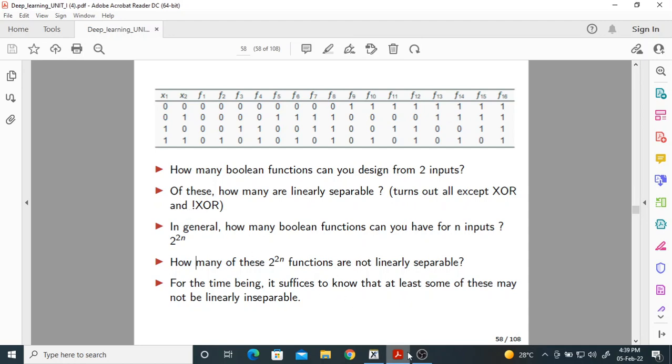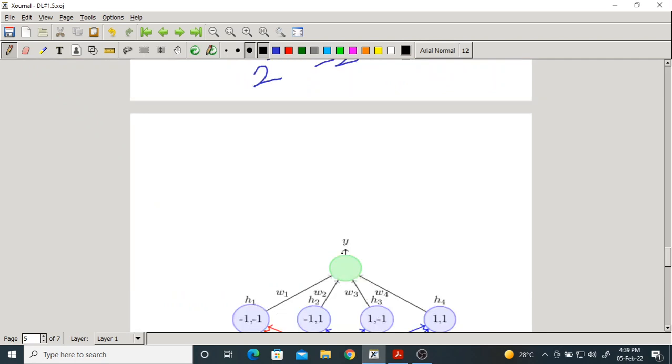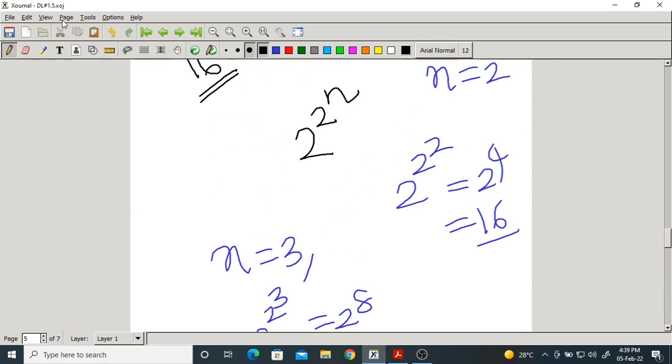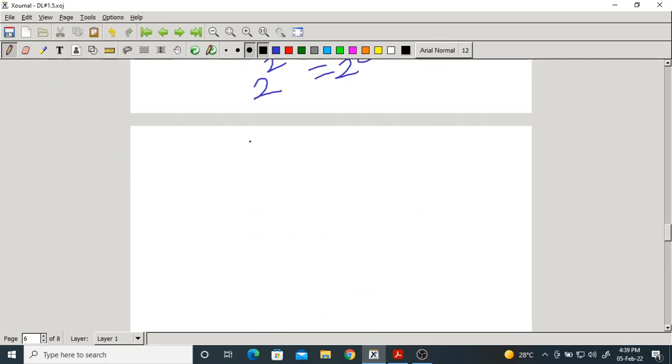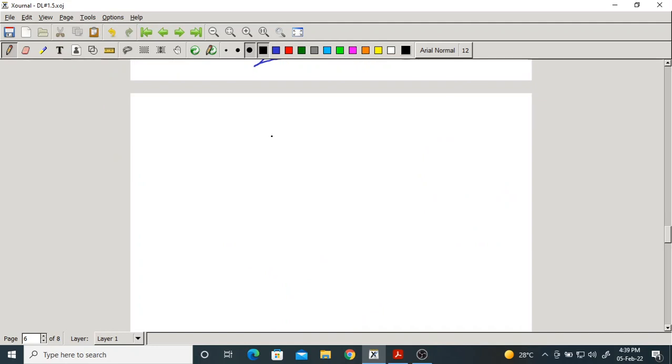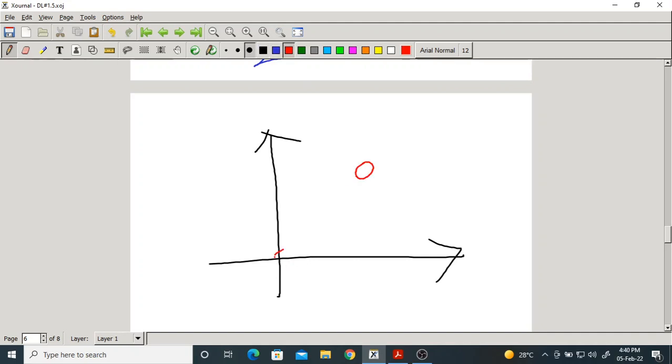What is the reason? The reason is very simple. In XOR and XNOR, the inputs lie on opposite corners, like this. If you plot points in this shape, no line can divide them.